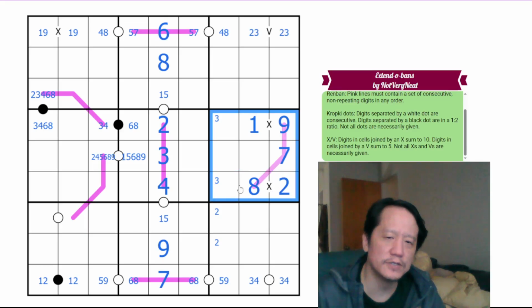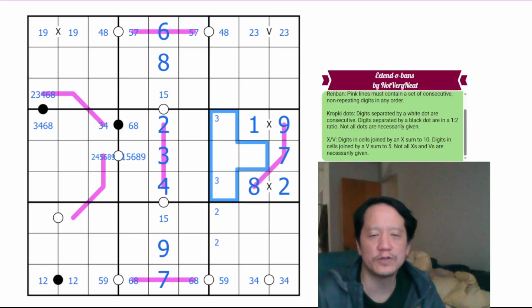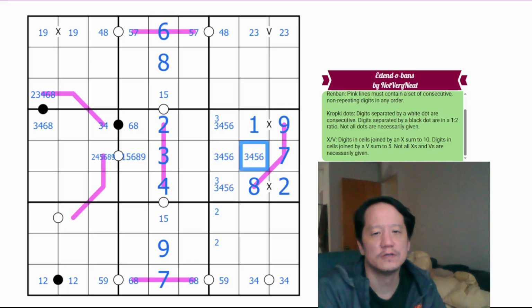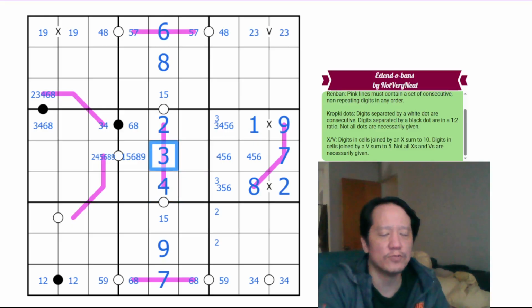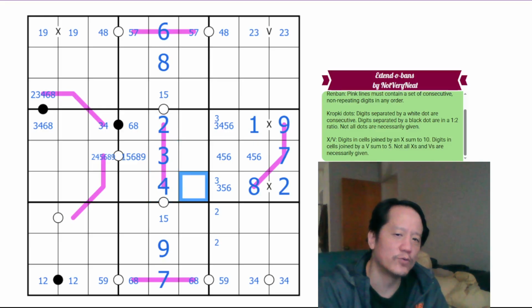Remaining digits in this right central box are 3, 4, 5, 6. Obviously no 3 there, no 4 there because of 3's in the row and 4 in the row.